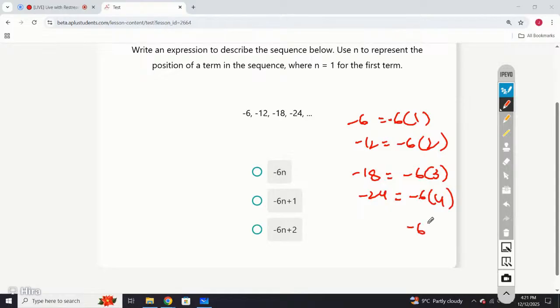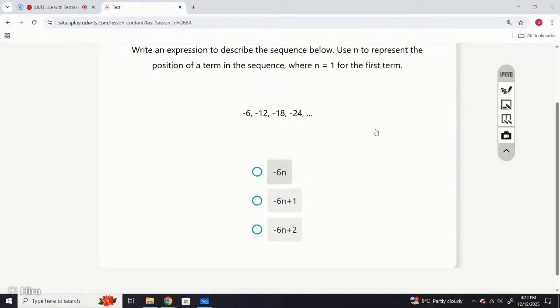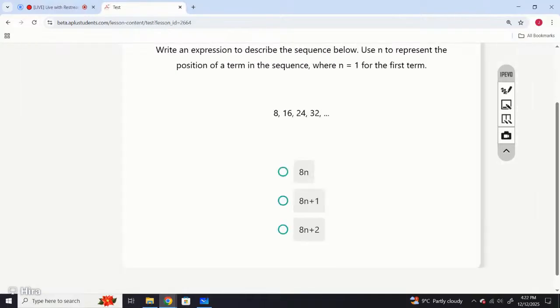So that means that it is negative 6 times n. Option number 1 is the correct option.